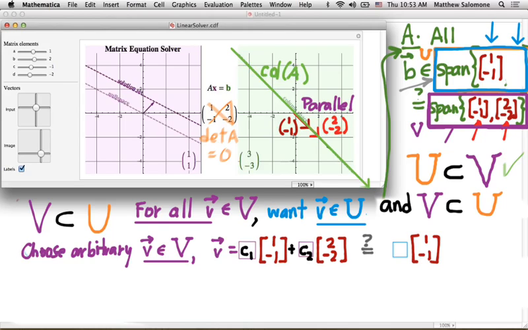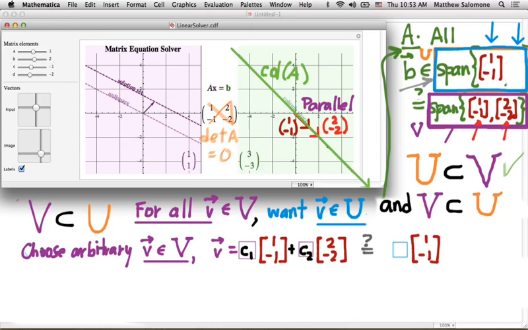If we can fill in that box with something, then we have proven this claim. So what multiple of 1, negative 1 is V equal to? Or how could I investigate that question? C1 plus C2 of 2.